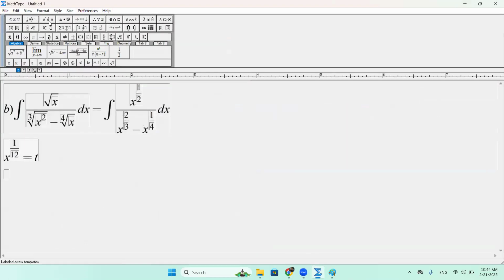And so substituting all these expressions. So x equals t in power of 12. Then dx equals 12 t in power of 11 dt.